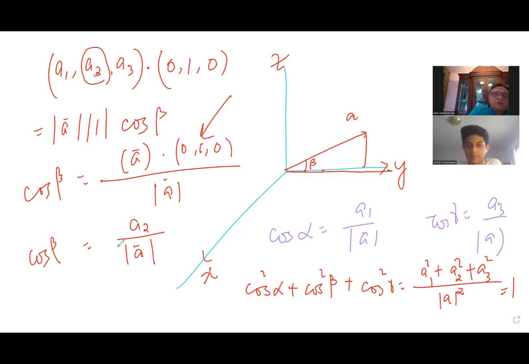You get the idea. So that is how you find the angle which a vector makes with any axis, x, y, or z. They are called direction cosines.